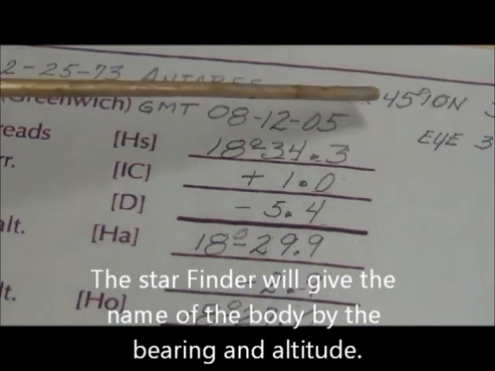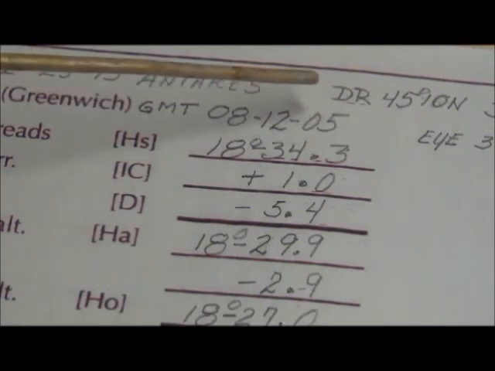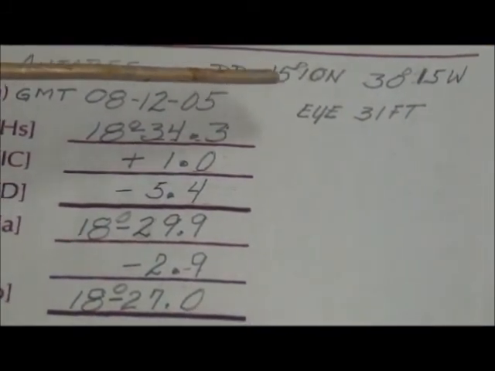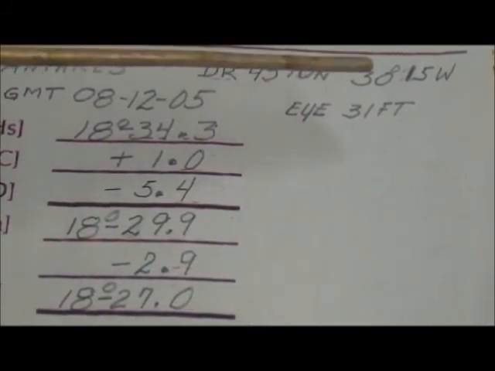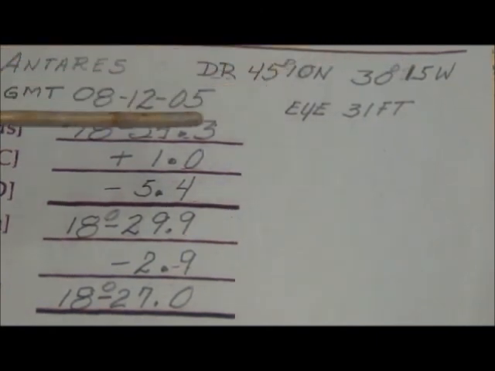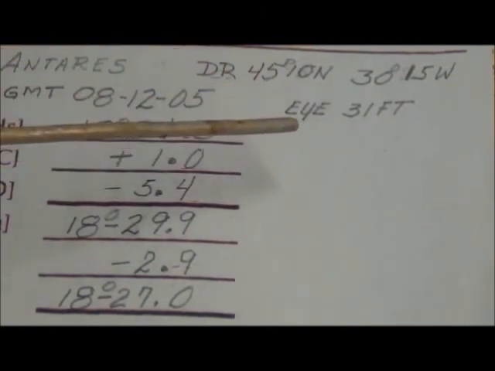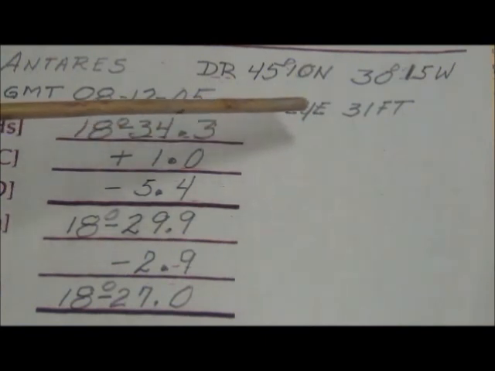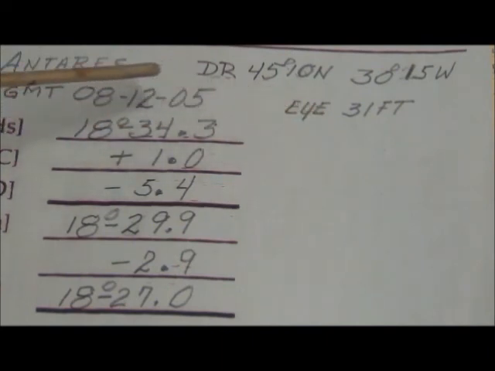You need a position, such as a DR of, in this case, 45, 30, 15 west. And you need to know a rough eye height above the water. So this information you fill out.